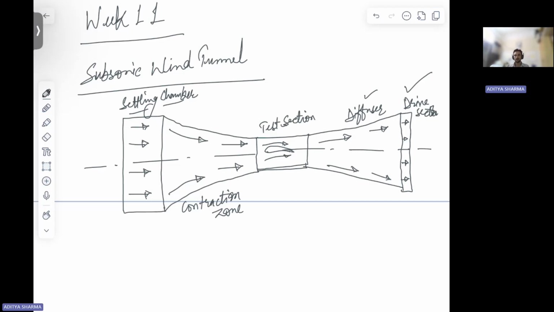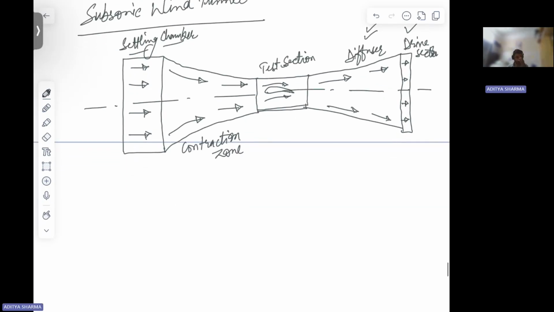In the test section, we keep our model on which we want to study its aerodynamics, or hydrodynamics in case it's a water tunnel, obviously. Then we have the diffuser to slow down the flow. So this is your subsonic wind tunnel.